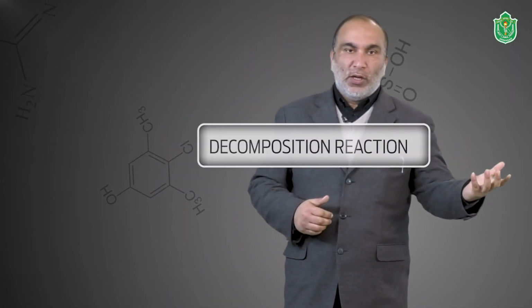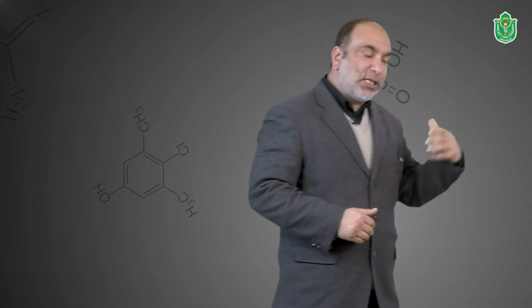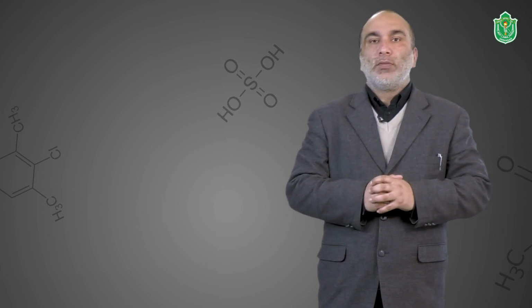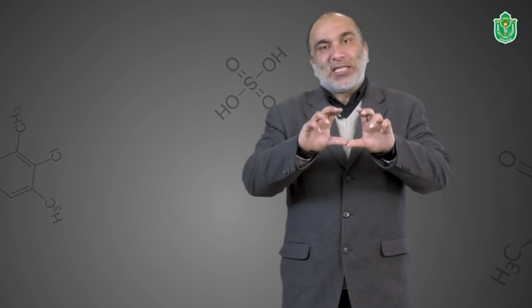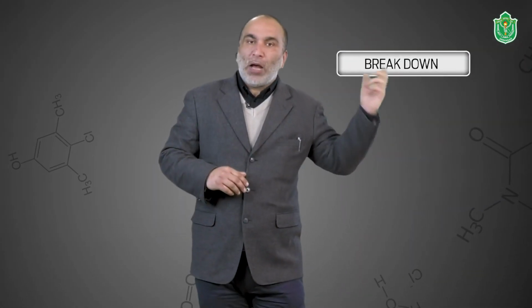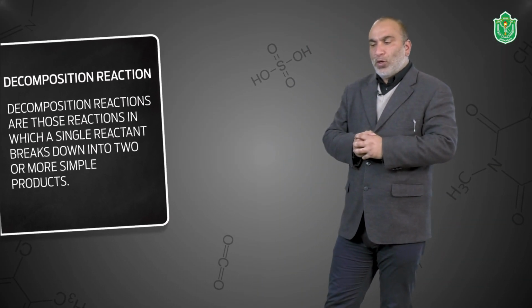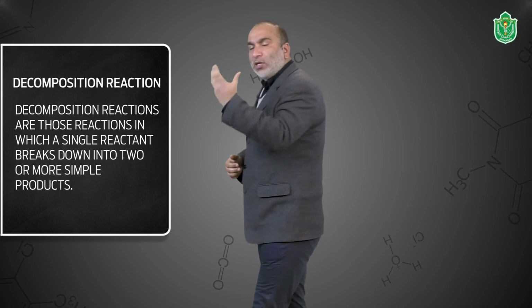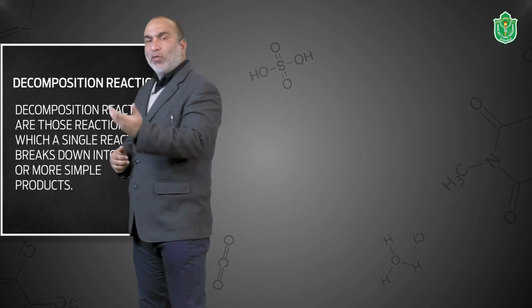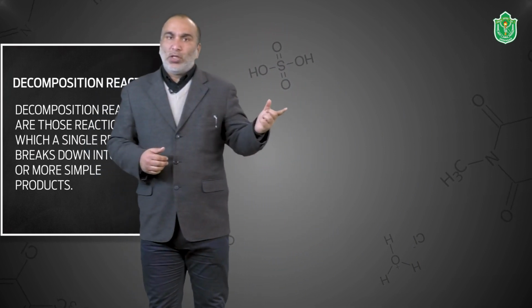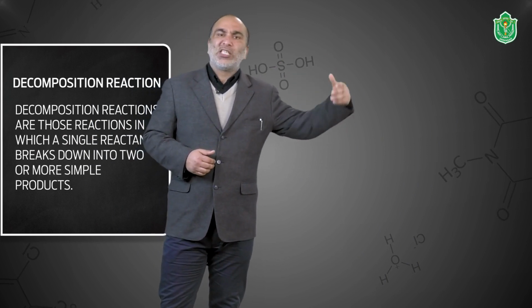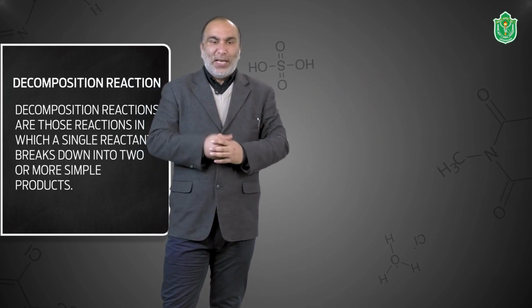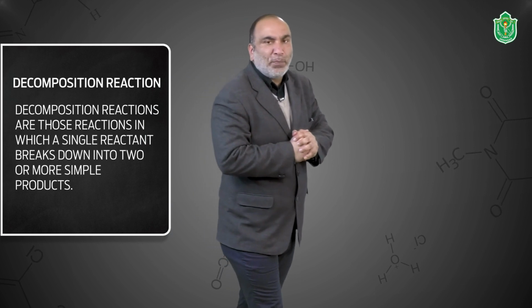Well students, the word decomposition simply means breakdown. In decomposition reactions, we have a single reactant, and this single reactant breaks down into two or more simpler products. Let me explain it with the help of an example.